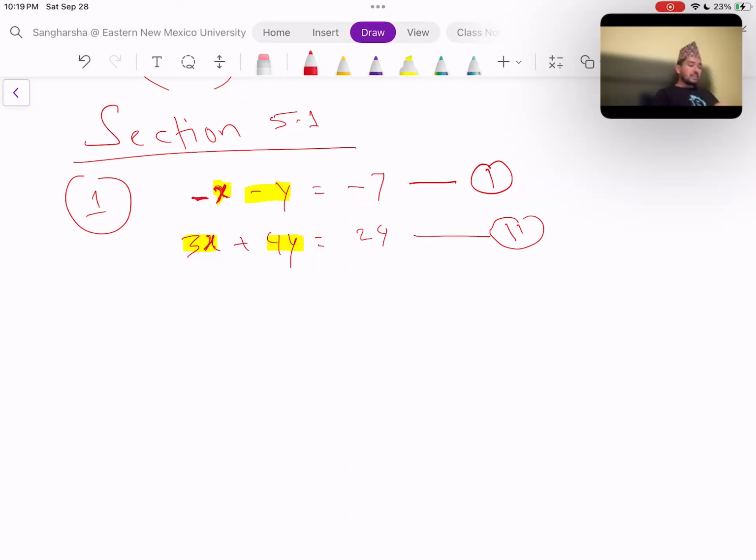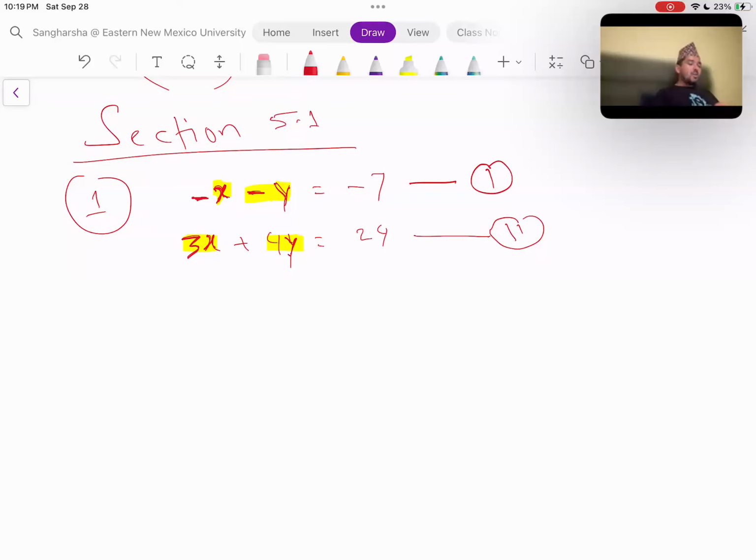This x has a positive 3 as a coefficient. That's not what we want. This y has a coefficient of -1 and this y has a coefficient of 4. That's not what we want. We want at least one variable to have the same coefficient with opposite sign.